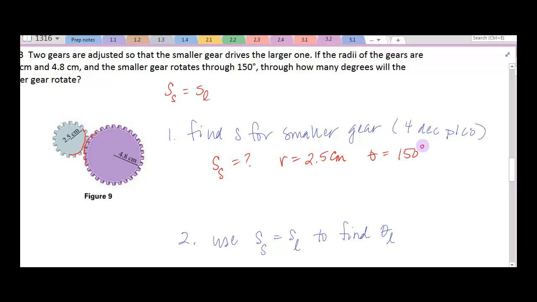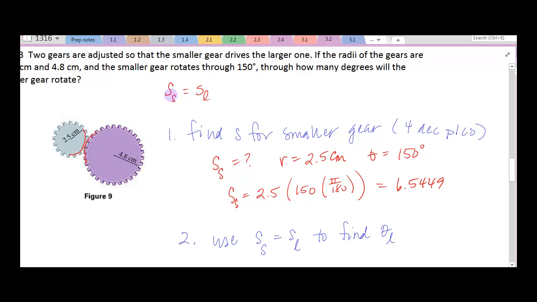So we're just going to plug that into the formula, and we see that 2.5 times the 150 for theta, but don't forget theta's got to be in radian measure, so I just multiply that times pi over 180. When I plug that into the calculator, I find to 4 decimal places this is 6.5449.